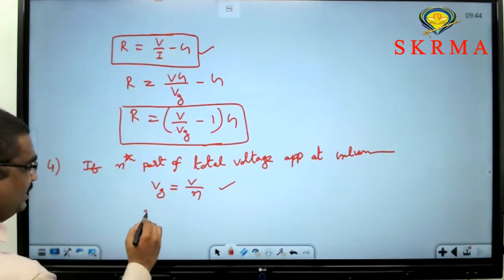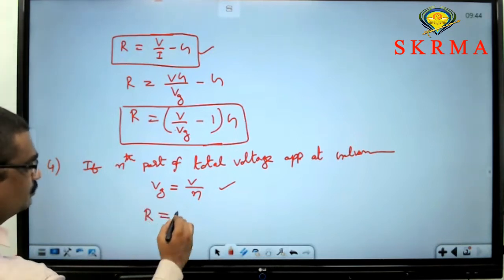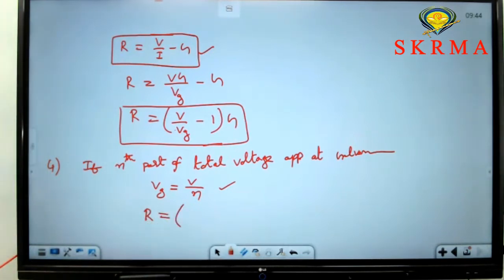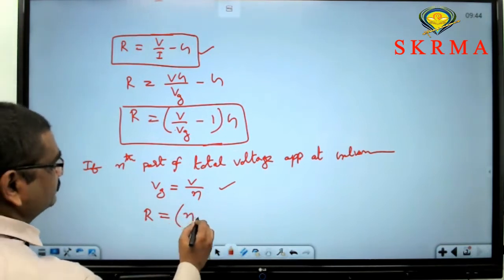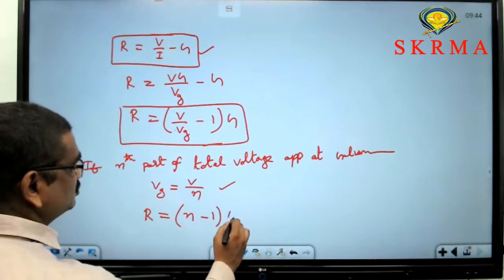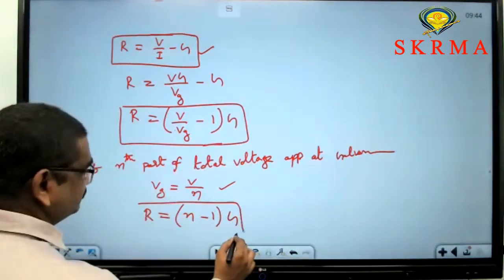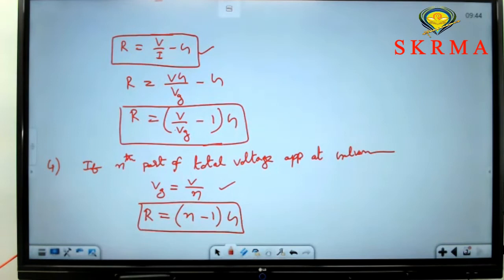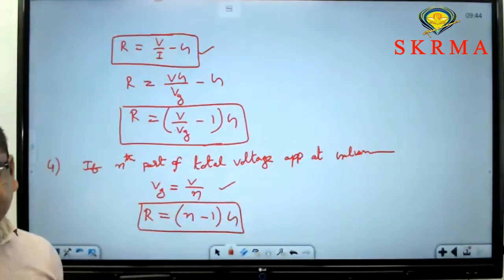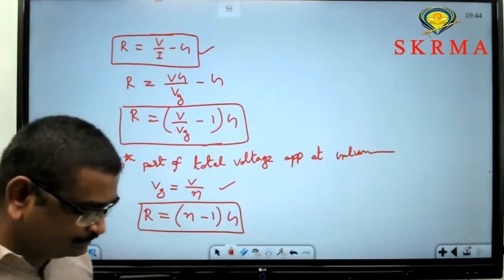Then you will get R equal to N minus 1 into G. This is the other equation. Just go through this once, then I'll go through the next part of the explanation.